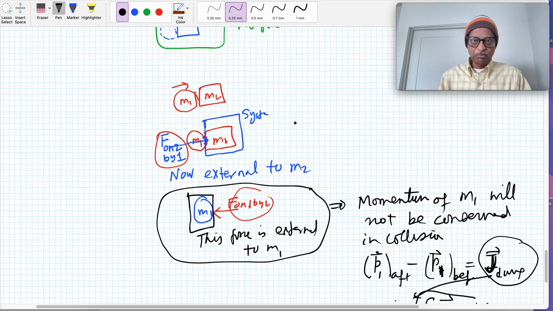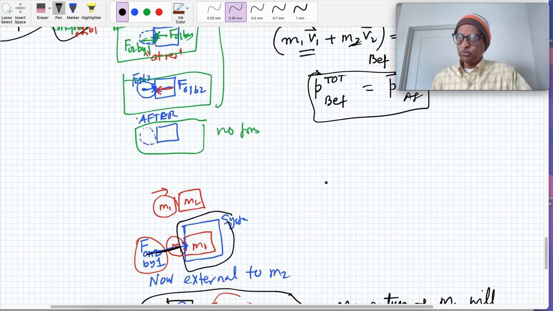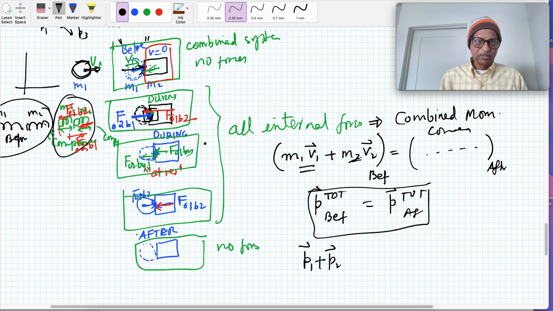The same thing is going to happen over here. You've got to look at this as an external force, and its momentum will change. So the momentum of the pieces was changing. So over here, look at the equation like P1 plus P2, nothing but the two objects, will be equal to P1 prime plus P2 prime afterwards.